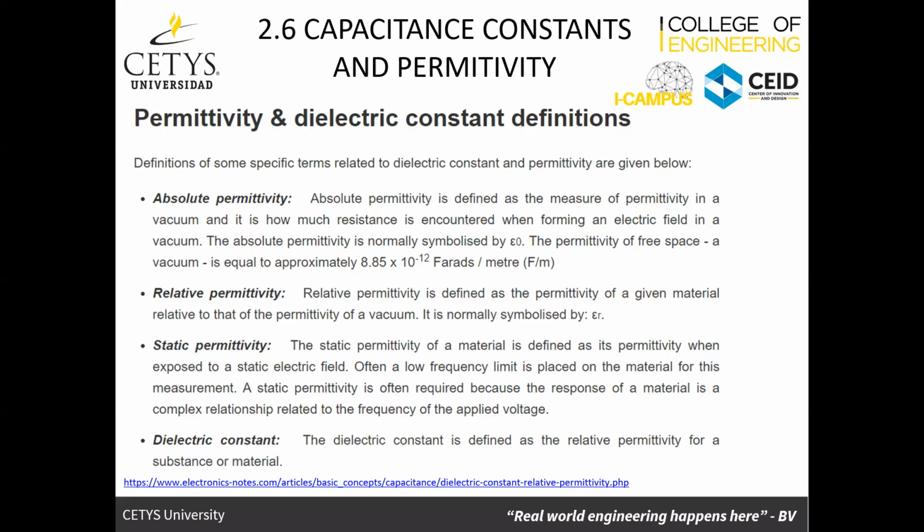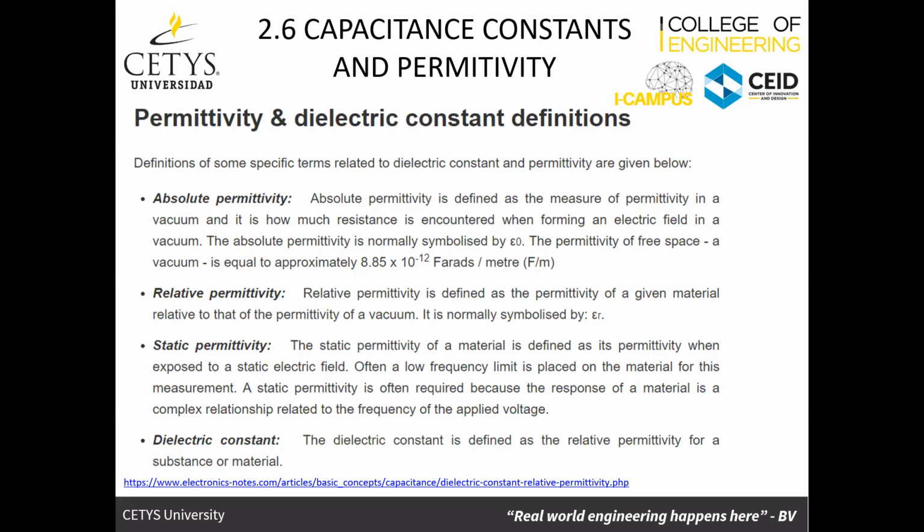The relative permittivity would be obtained by dividing the absolute permittivity by the permittivity of vacuum, which gives a certain constant, meaning the relative permittivity of plastic is, I don't know, 10 times, 20 times the permittivity of vacuum. That's why it's relative: it's with regards to vacuum.